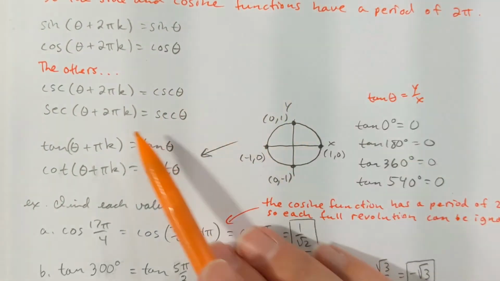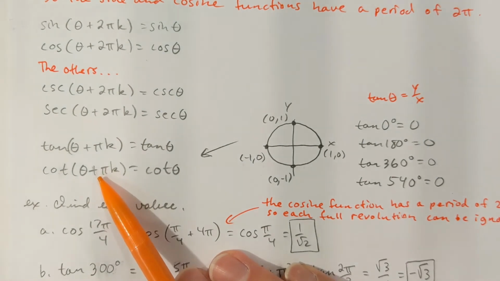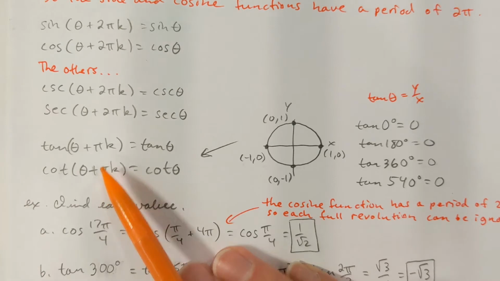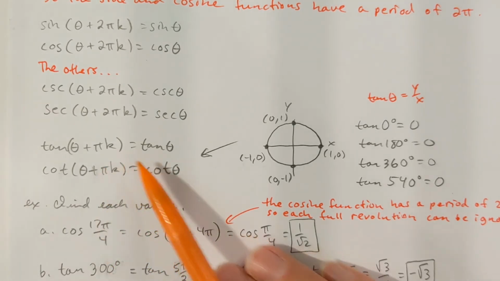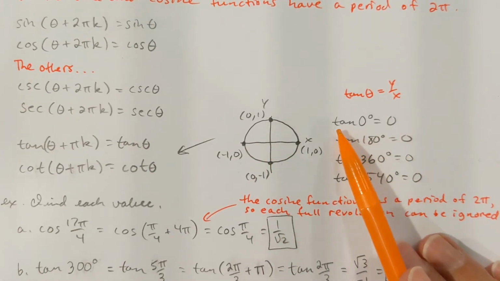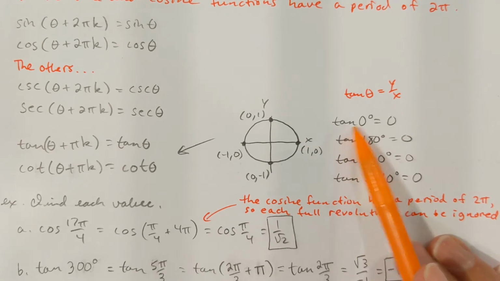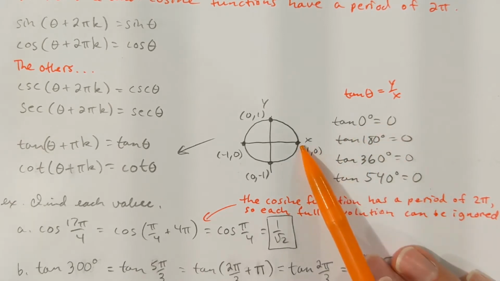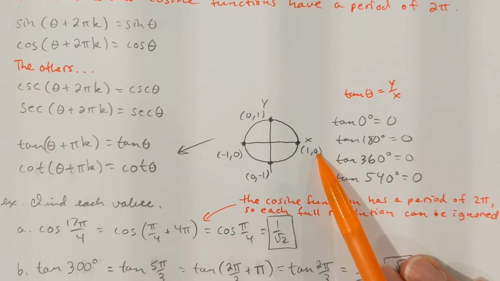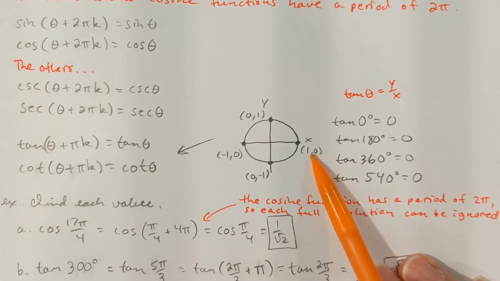Okay, now the tangent and cotangent functions are also periodic, but the periodic factor is not 2 pi radians, it's pi radians. Here's an example. So tangent of 0 degrees is 0, right? Tangent of an angle is y over x.